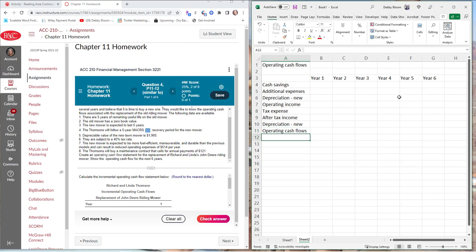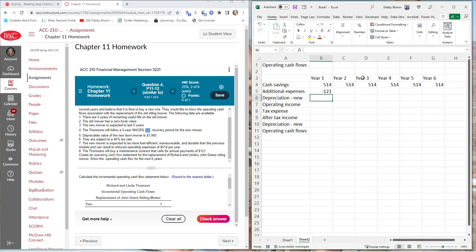All right, and the only thing we're really going to have to do with this is calculate the depreciation on the new machine. So, the new mower is expected to be more fuel efficient. So each year we're going to have cash savings of $514 a year. We're going to have our additional cash expenses of $121 a year.